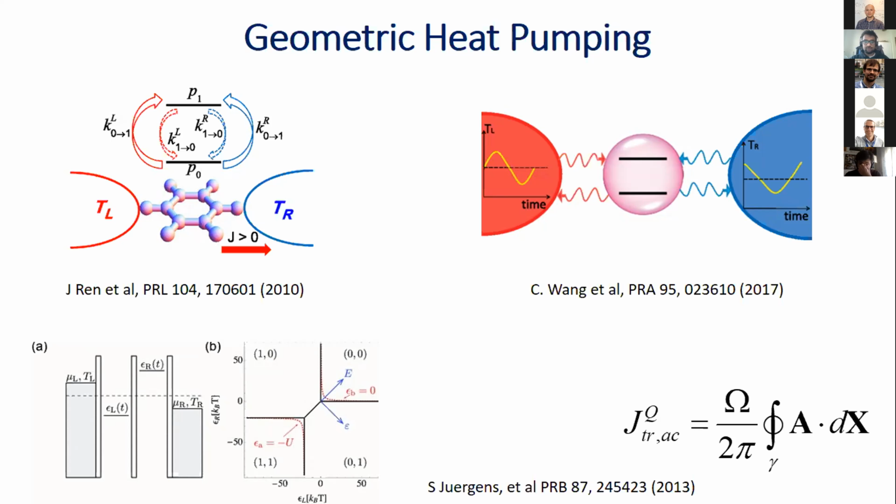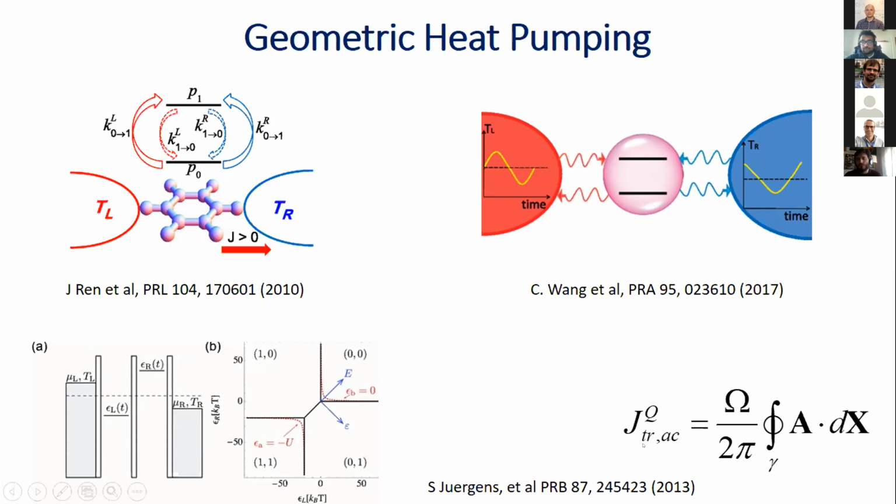This was seen in the case of a weakly coupled two-level system using master equation by the group of Peter Hänggi, for the strongly coupled spin-boson by Wang et al., and even for a quantum dot system by the group of Janine.